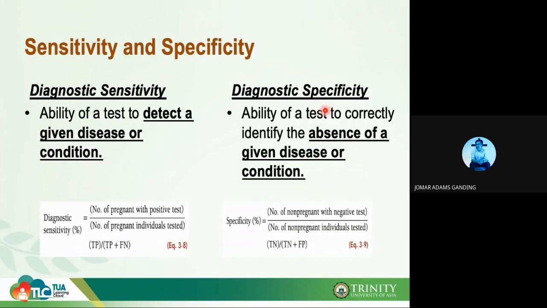Diagnostic sensitivity is the ability of the test to detect a given disease, meaning they are able to detect individuals with the disease. In diagnostic specificity, you would now correctly identify those individuals without the disease.